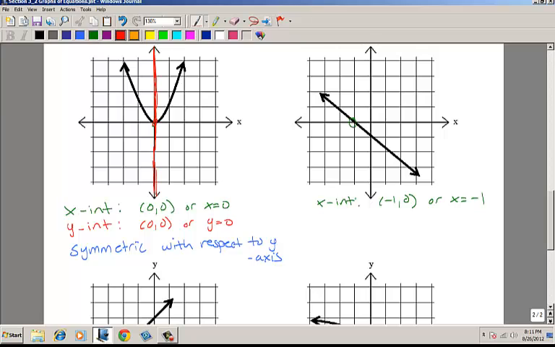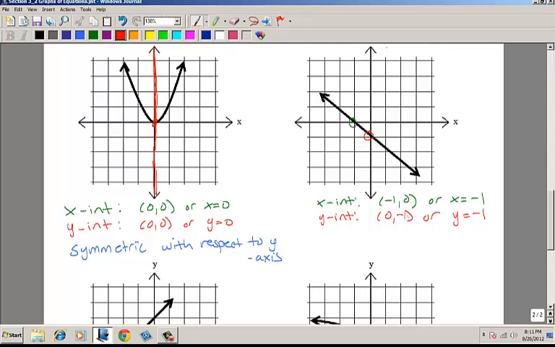Now I want to look at my y-intercept, again where I cross my y-axis. I cross it here. That y-intercept is the point 0, -1, or I can say it's y equals -1. Either way works. You don't have to do both. Just choose your favorite.